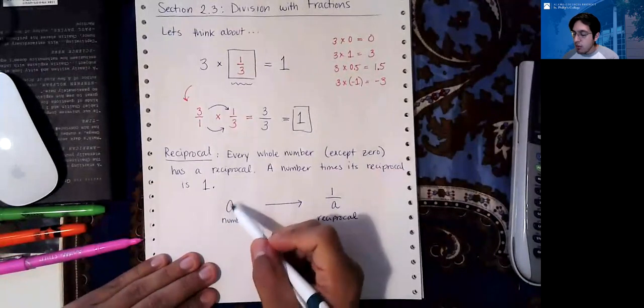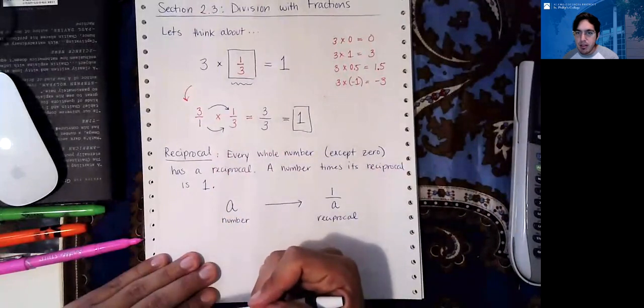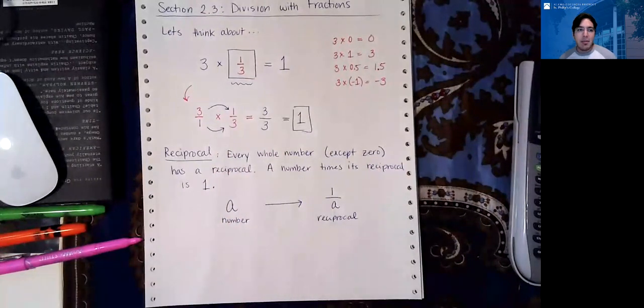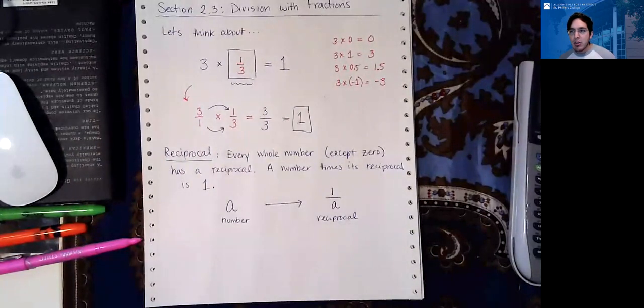So if I had 3, its reciprocal is 1 over 3. So if you already knew that multiplying a number by its reciprocal gives you 1, then that's how we can identify what number should have gone in the box here. I'm multiplying 3 times something to give me 1. It has to be the reciprocal of 3, which is 1 over 3.